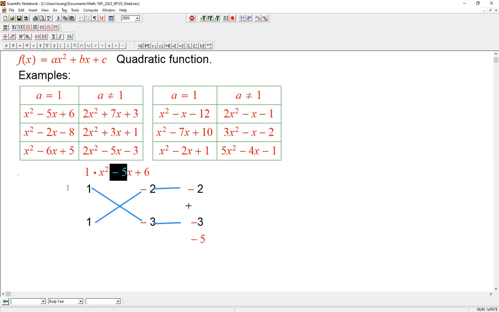Once we make the match, we can now make our factors. Hold on, this arrow doesn't work, so I'm going to use a different arrow. The first row will give me a factor, and the second row will also give me a factor. The first row will give me a factor like this, in parentheses.